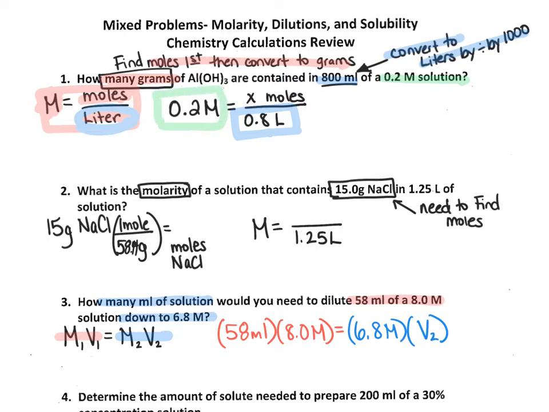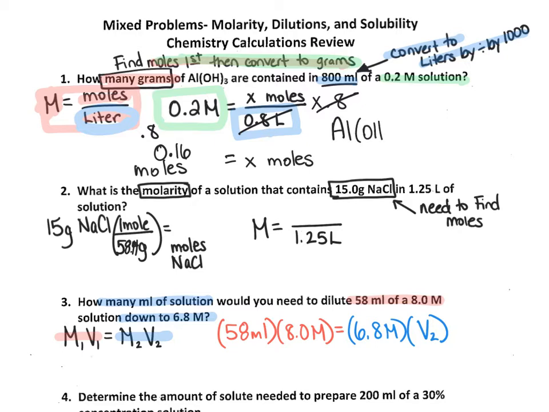So I'm going to solve for this by multiplying both sides by 0.8 so that it cancels on the bottom on this side, and I'm able to find out what my number of moles is, what my x is. So I do 0.2 times 0.8, and that is 0.16 moles. Now that I have that, I can convert that to grams. I'm going to need the molar mass of aluminum hydroxide.